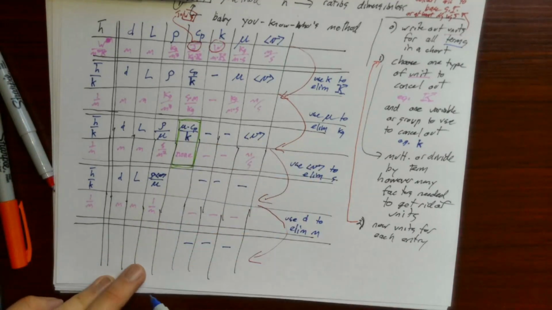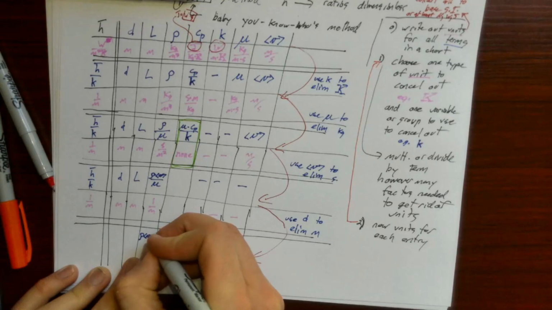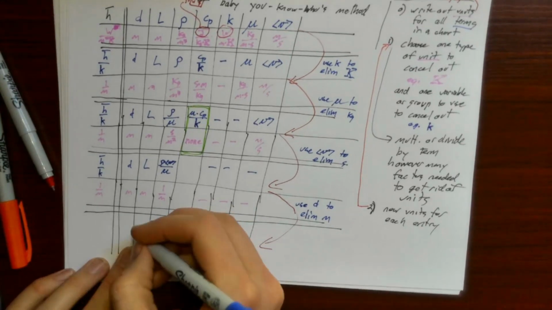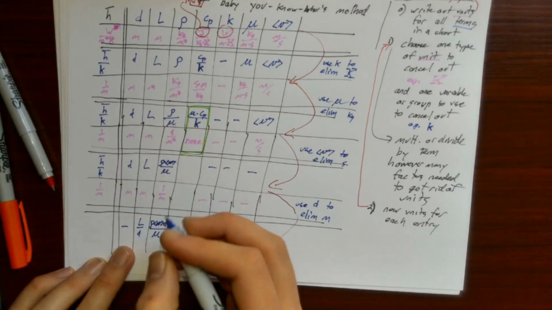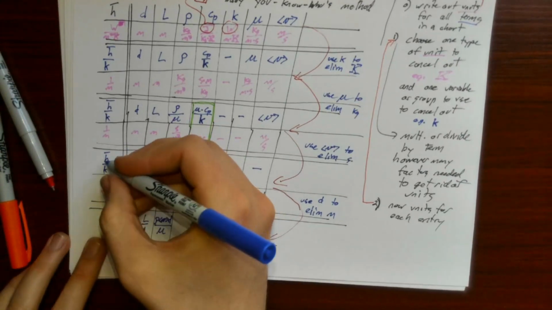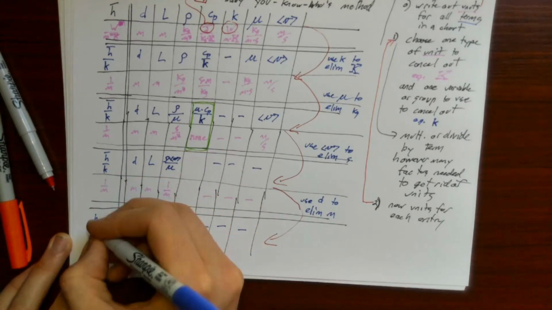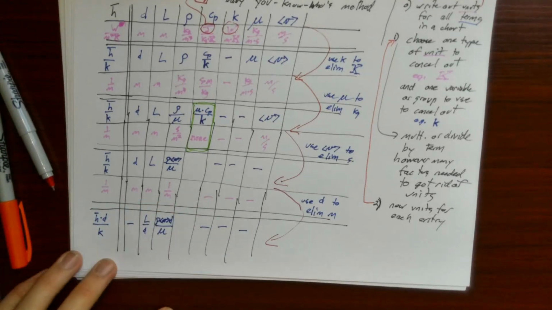I've already found something in this column here. For this last one, I have rho v d over mu. For this one, I'd have L over D, and of course D is what I used to find this here. And then to eliminate the 1 over meters, I would do H bar times D over K.